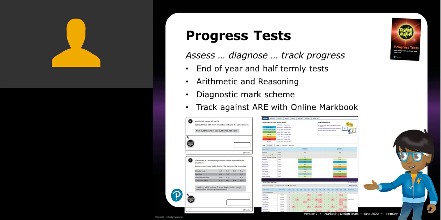Now, those are outside of the Power Maths subscription, but the online mark book is something that you all have as part of a regular Power Maths subscription. And the online mark book is for using with the progress tests. So that helps you to track children's progress against age-related expectations.